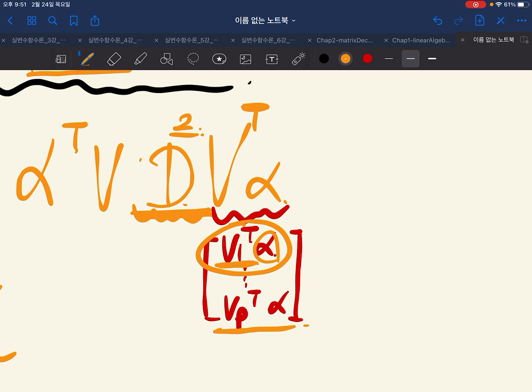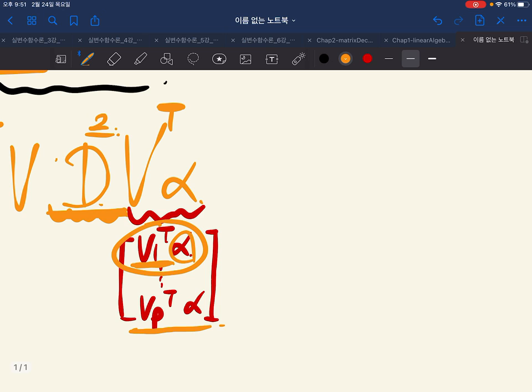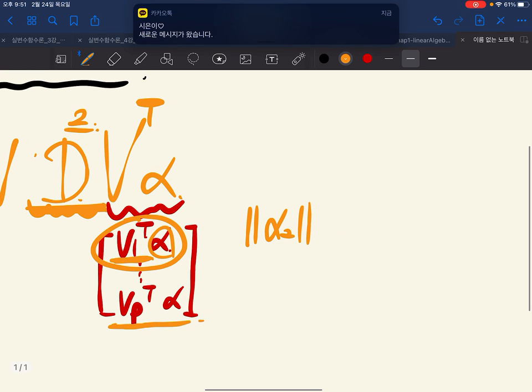So what we can say is that the constraint on alpha is that its L2 norm is 1.